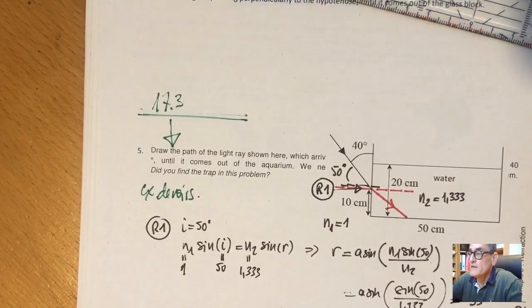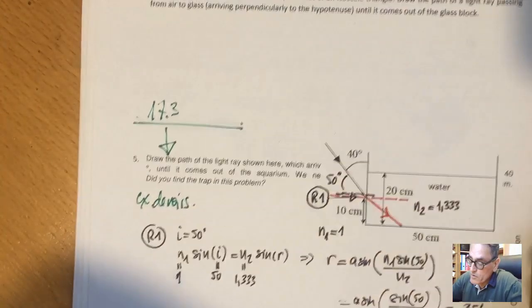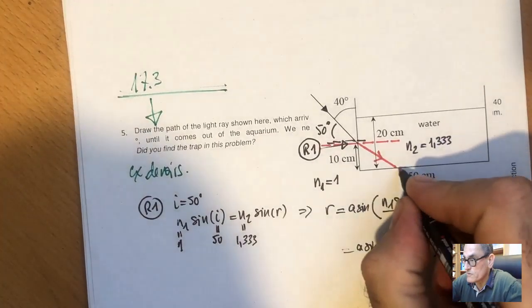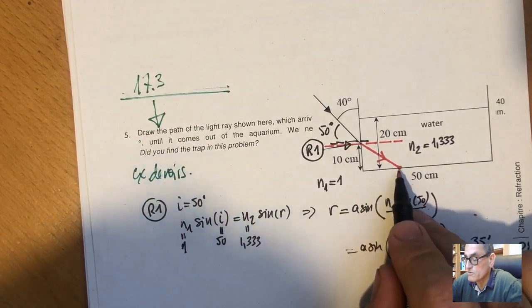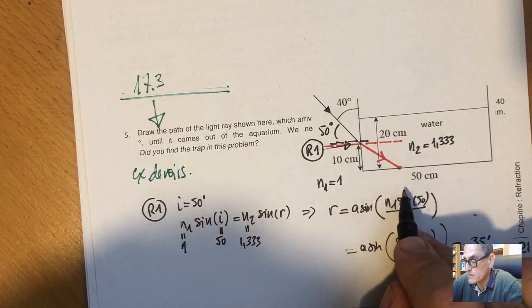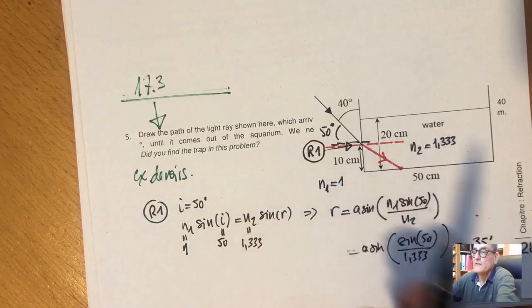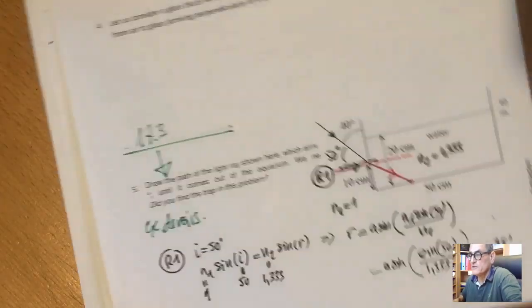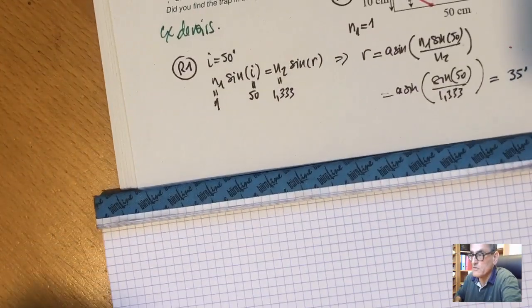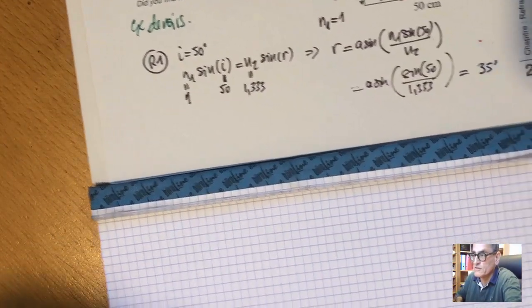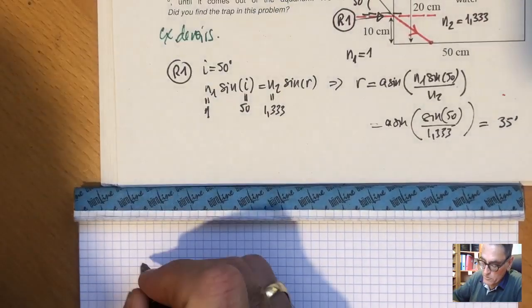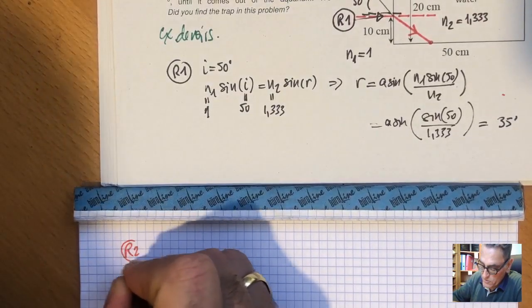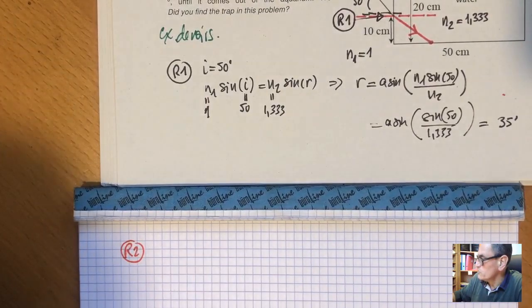Of course, now we are going to have a second refraction here, because here we are again touching the interface between water and air. And the second refraction, which I call R2, I will compute on this page here.